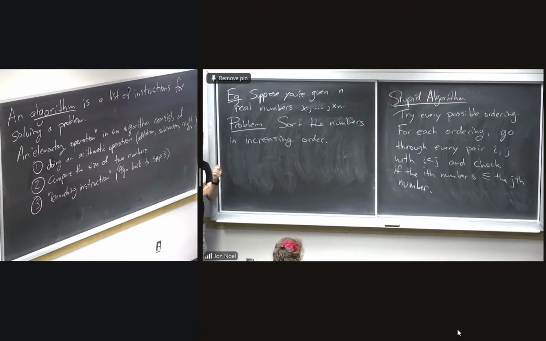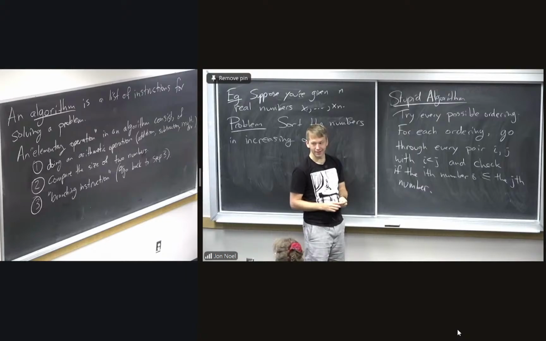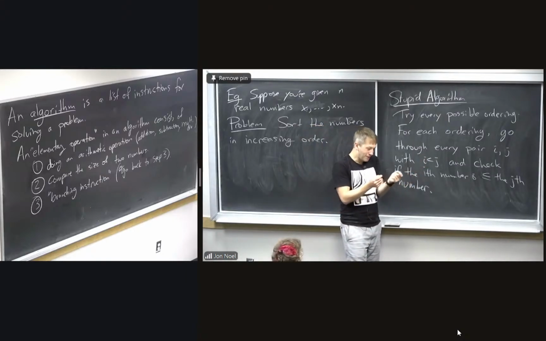You're definitely getting an n factorial from here, right? And I'm actually doing something really silly. I'm going through every pair i and j and checking if they're in the right order.